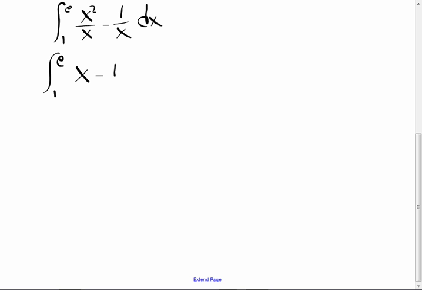X minus 1 over x. That's why you need to do the homework, because there are only so many integrals that can be done. It can be done. So it's x squared over 2 minus the natural log. I would put absolute value in, but I don't have to because these numbers are positive. From 1. Right. What is the ln of e?